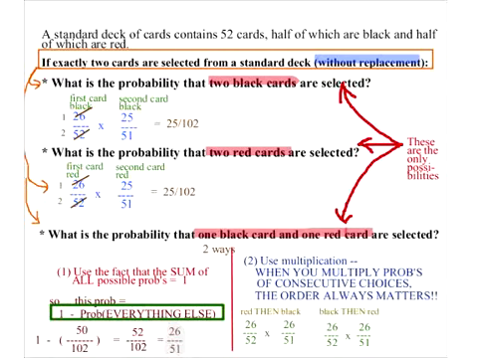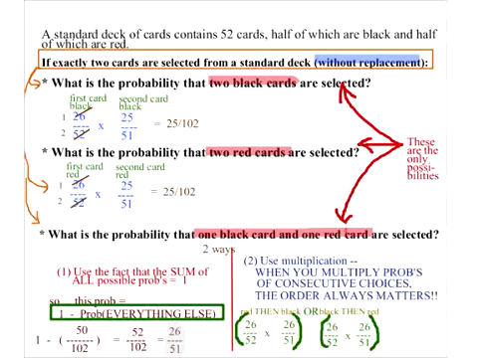And then notice these are mutually exclusive. So you want either one of these to happen. So the overall situation here is an OR situation. You either want red then black or black then red. These are definitely mutually exclusive because you can't do it in both these ways at the same time.